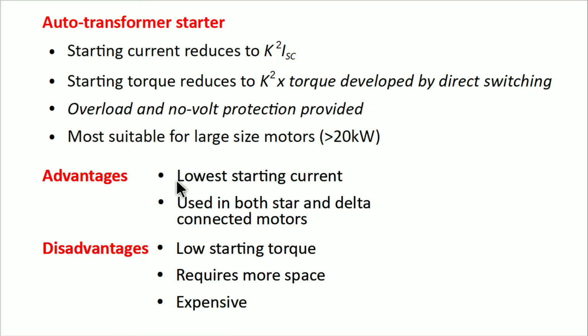The advantages are that lowest starting current is provided by this type of starter. We can obtain any predetermined value of starting current of the motor by using this starter, and it can be used for star connected motors as well as delta connected motors.